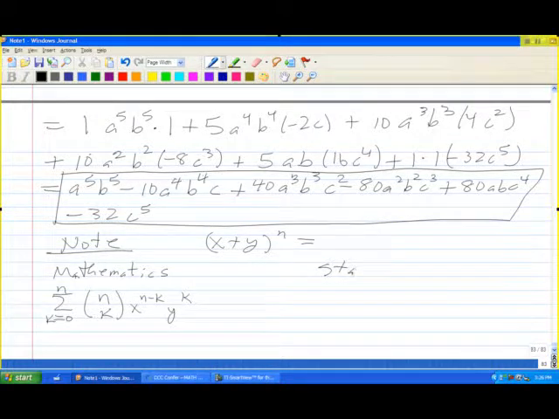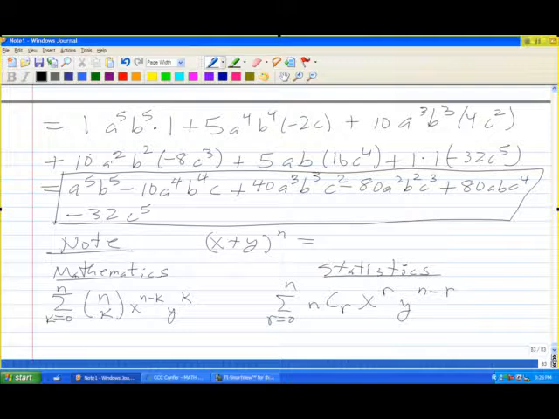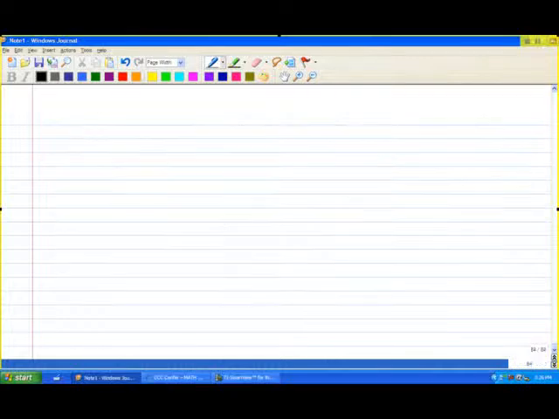In statistics, they just write it backwards, and so they do the sum r equaling 0 to n of nCr, and they write it as x to the r y to the n minus r. So rather than going left to right, they go right to left in the expansion. But they're obviously the same terms. It's just that they write them in the opposite direction that mathematicians would write them.